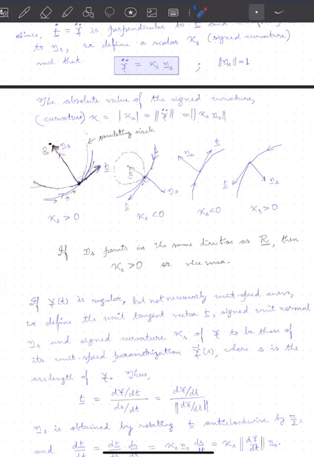So if the r vector and the n of s vector both point in the same direction, then the signed curvature is greater than 0. And if the r vector is anti-parallel to the n of s vector, then the signed curvature is going to be less than 0. Right?